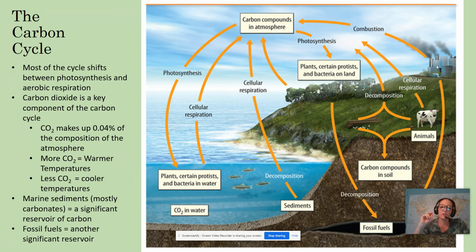And so we're releasing large amounts of carbon dioxide that had been sequestered and stored below ground, changing it from a solid form, even if it was a liquid, it was still kind of solidified, into something that is now a gas in our atmosphere. So again, human behavior is inputting and changing the carbon cycle.